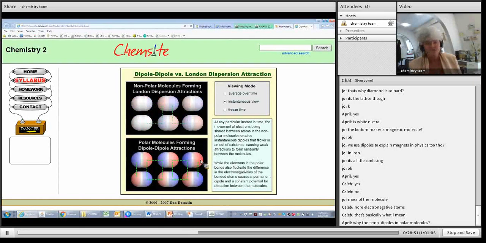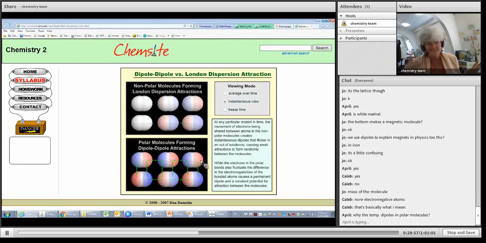So because the electrons are moving, you're not going to always have the same negative charge on this side and the same positive charge on that side. So as you can see, there's a fluctuation in the charge. So you're going to have the permanent ones that are stuck there by the permanent dipoles, but then you're also going to have these same temporary ones. Yes, even though the main charge doesn't change much. Correct.